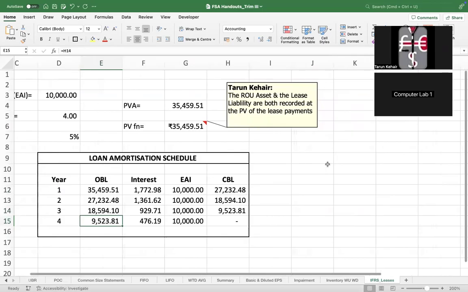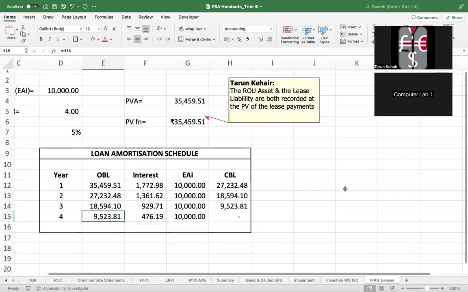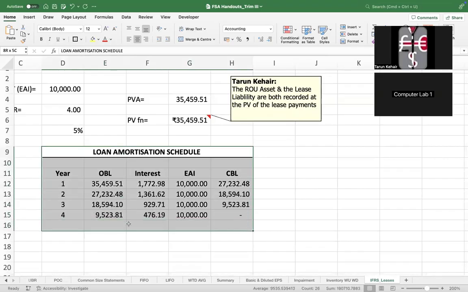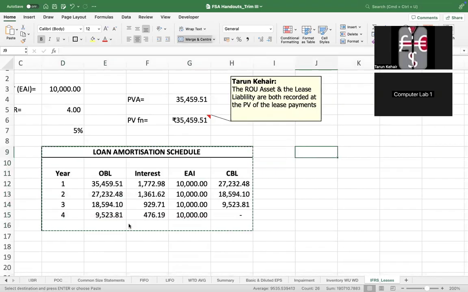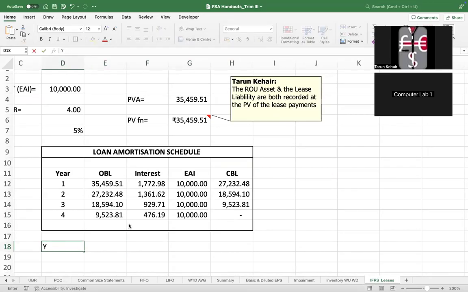Now, what about the asset? The asset also needs to be depreciated, right? So for that, we need an asset schedule also. For the asset schedule, again, we will have year, gross block, depreciation for the year, accumulated depreciation, and finally net block.